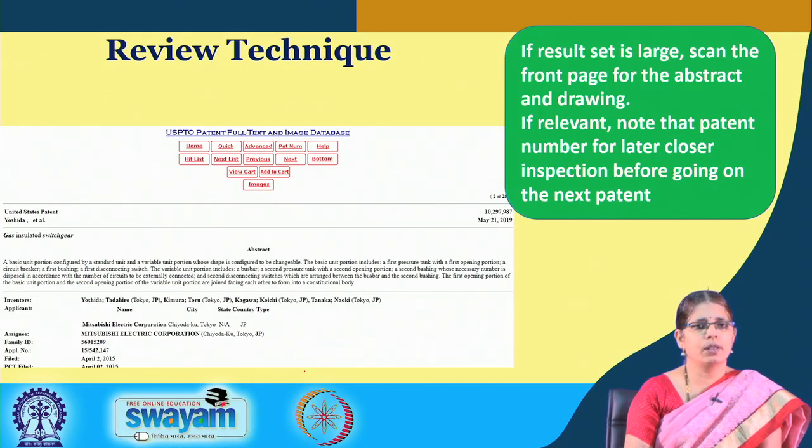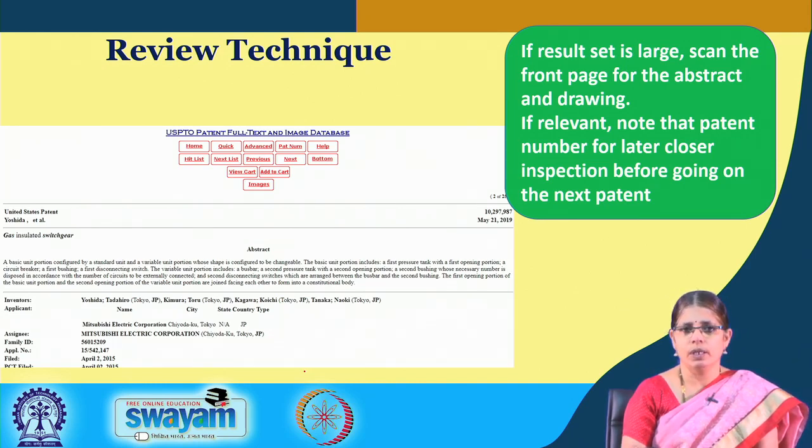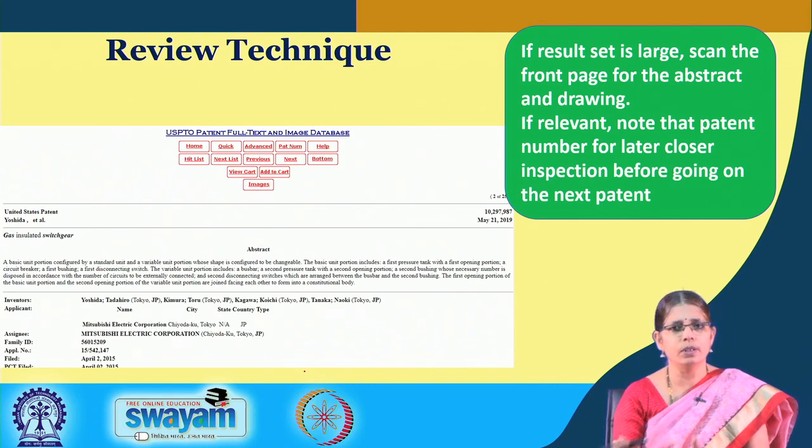Now, for instance, let us say the patent data set is really large. What do you do then? It is possible that you can refine it further. And how do you refine it further? You look at only specific instances of those patents in relation to certain implementation.